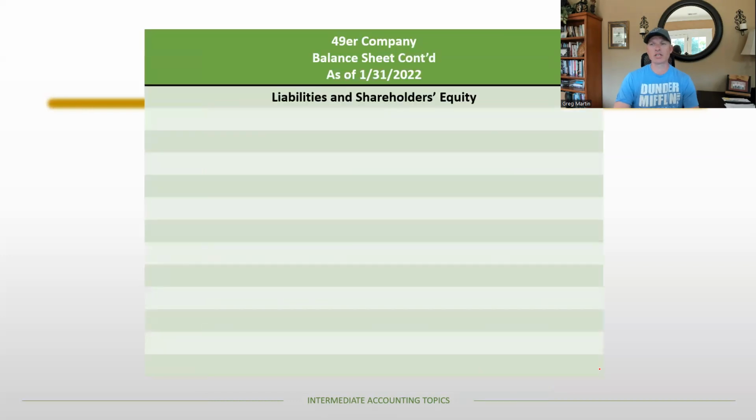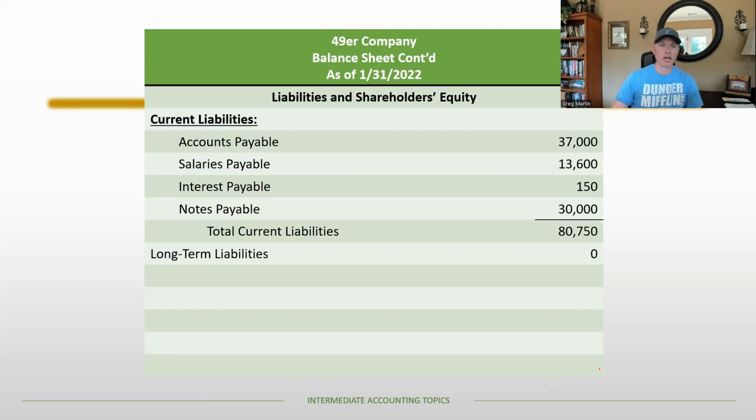The rest of the balance sheet is the other half, liabilities and shareholders' equity. Current liabilities, if you remember, we generally report in the order of frequency. Accounts payable is usually the most frequently used account. Then salaries payable might be once a month, interest payable is probably once a month, and note payable, in this case, is once every 9 months.